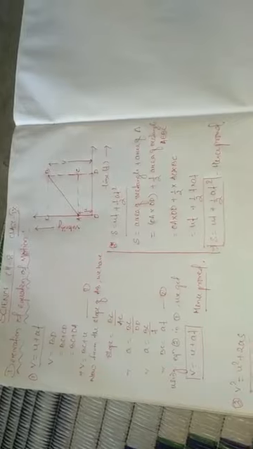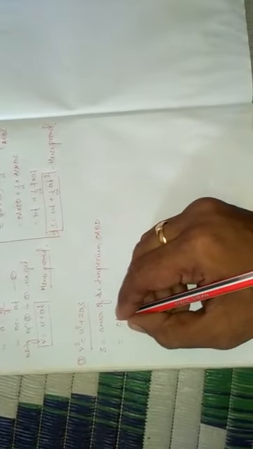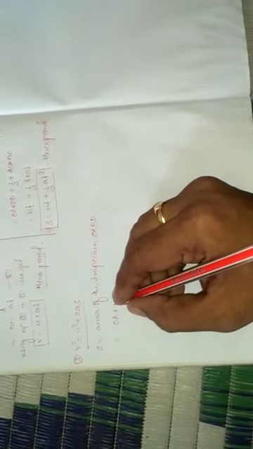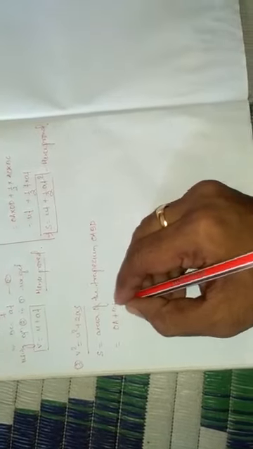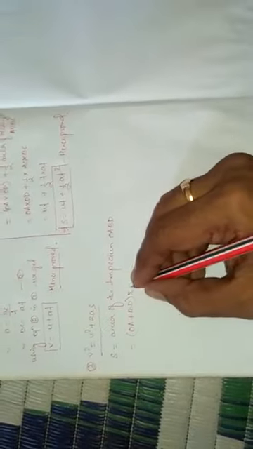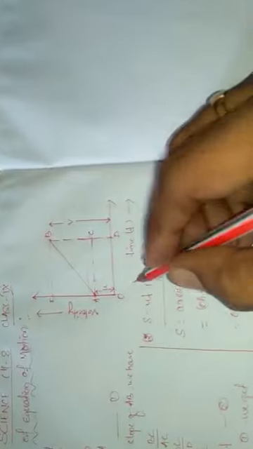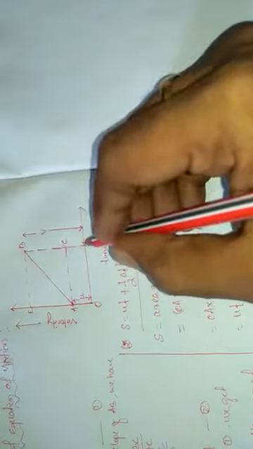So the parallel sides here are OA plus BD, into height OD, divided by 2. Look at this graph. It is OA and BD, the parallel sides in the trapezium.